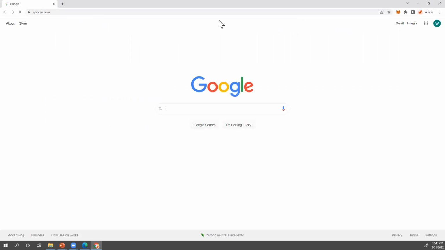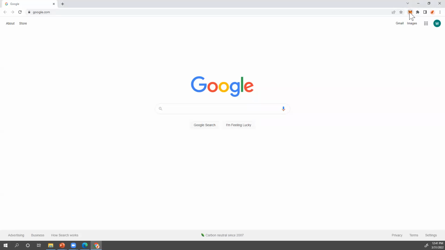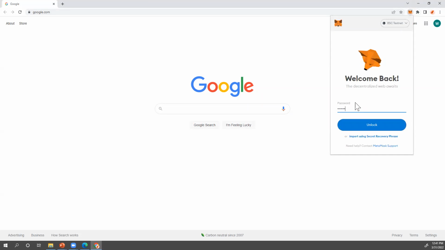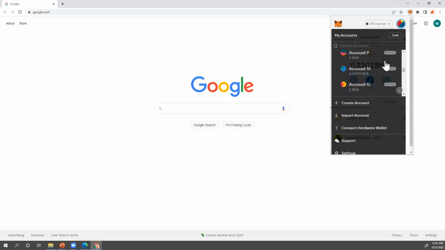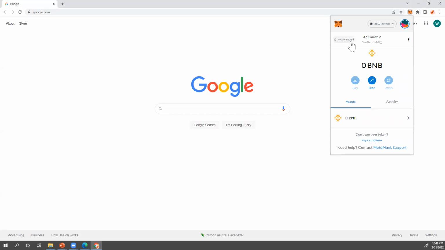Let me show you an example over here. I already created a test network. I click MetaMask and type in the password to unlock the wallet. You see here, I'm using BSC testnet. I already have several accounts, so let me get a new account like this.